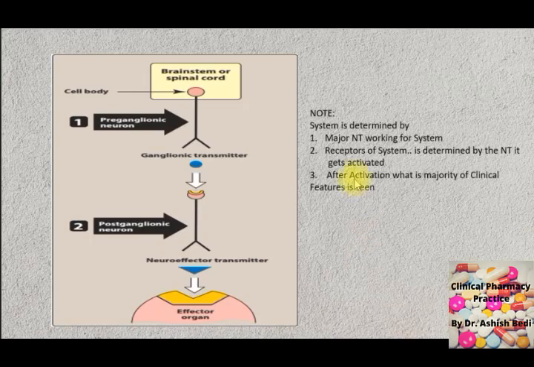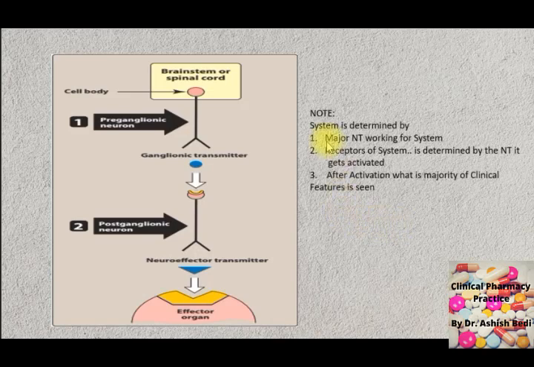Okay, the first thing is how we can know the difference, and the rules we can understand by this is that we have to think about three things to understand the system. For example, if you want to understand the parasympathetic system or cholinergic system or parasympathomimetic system, we have to understand three things.